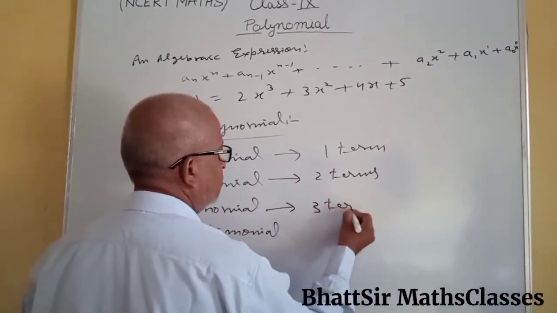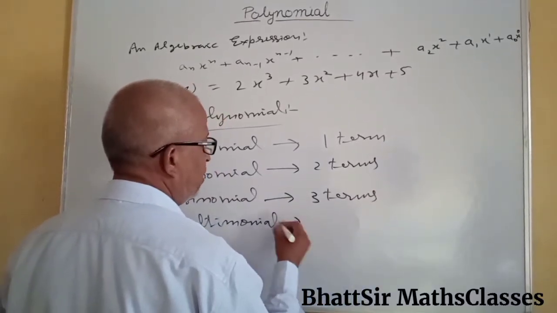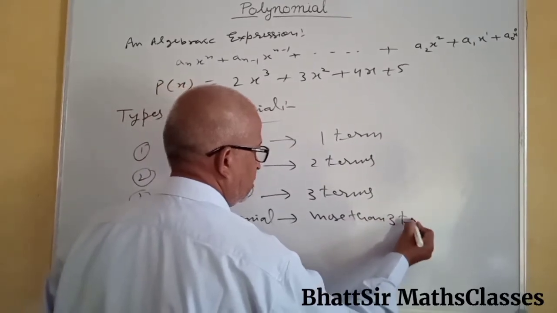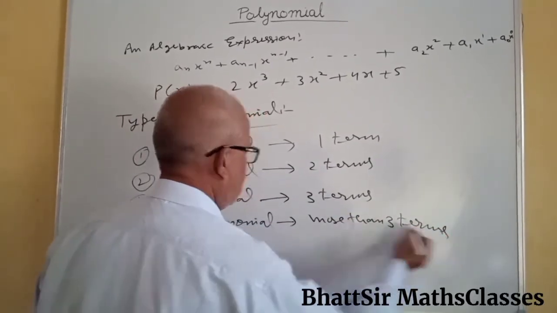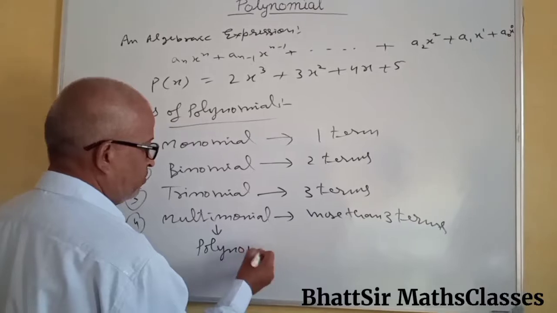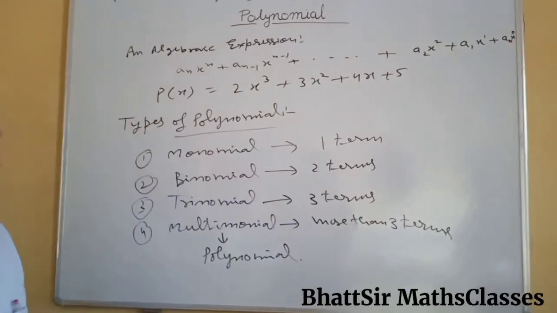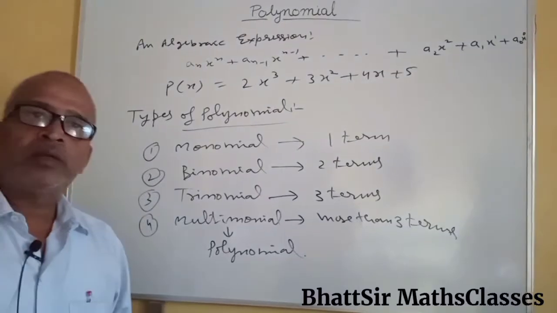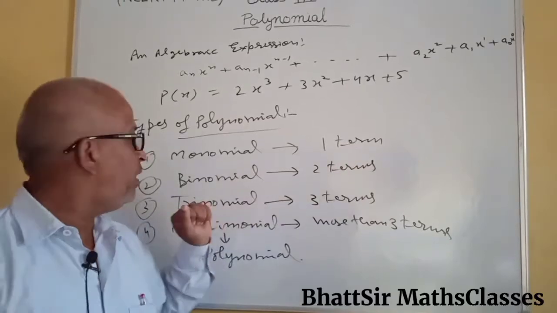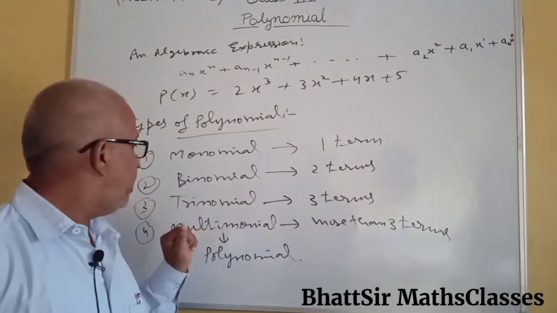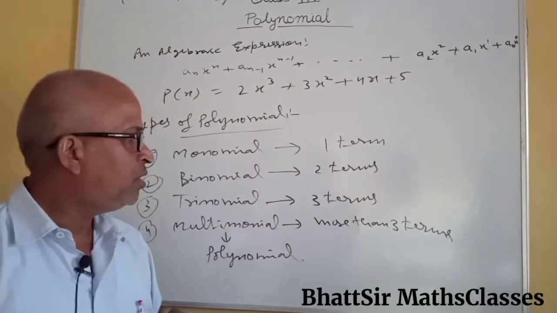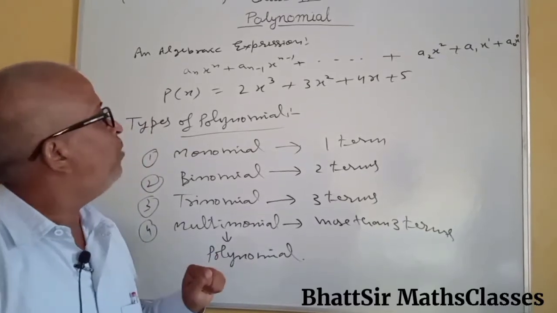Trinomial, three terms. Multinomial, more than three terms. So multinomial is also called polynomial. So understood my point? Monomial containing one term only, binomial containing two terms only, trinomial containing three terms only, multinomial more than three terms. So those are called polynomial.